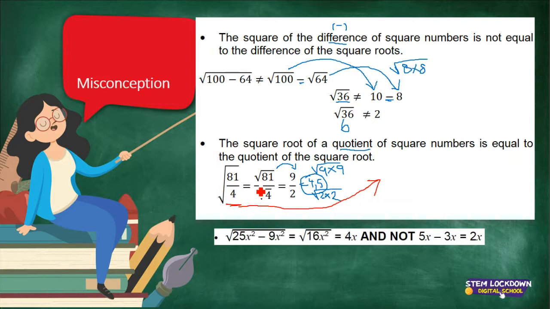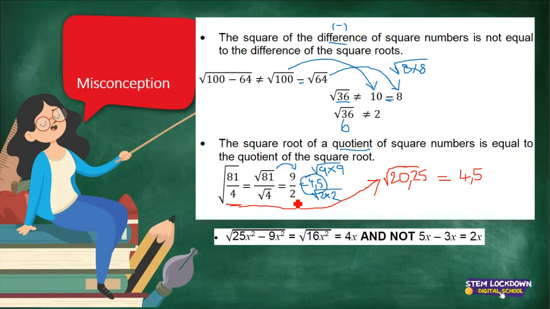My answer, if I'm using my calculator, is 20,25. 81 divided by 4 is 20,25. What's the square root of 20,25? The answer is 4,5, which is the same as saying 9 divided by 2.